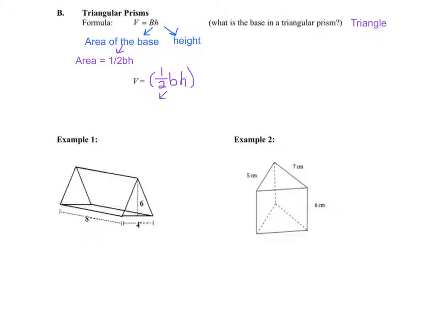That's the area of the base of the triangle. So you're going to multiply the area of the triangle by the height of the 3D figure, of the entire solid. Okay, so we're going to multiply the area of your triangle, that's the base, by the height of the entire solid. So let's do some examples together.